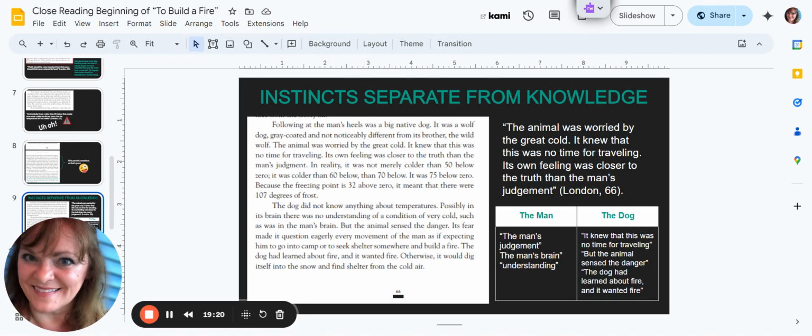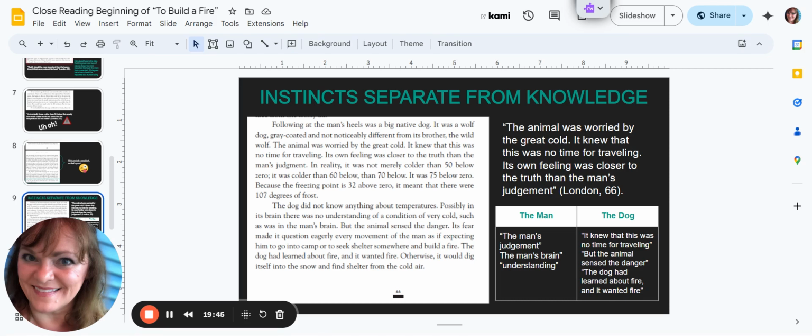Holy cow, y'all. Think Fahrenheit degrees, 75 below. Schools close here if it's 20 below. So, wow, 75 below zero. It's sort of unimaginable because the freezing point is 32 above zero. It meant that there were 107 degrees of frost.